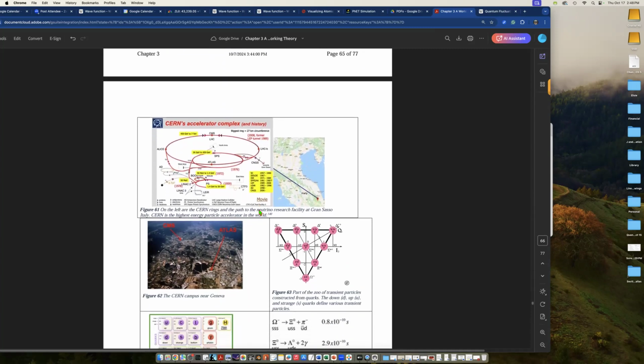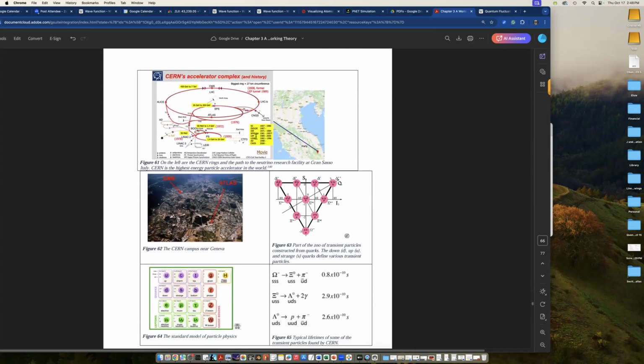The laboratories where this work is done include the big facility at CERN. This is French for the European Center for Nuclear Research.